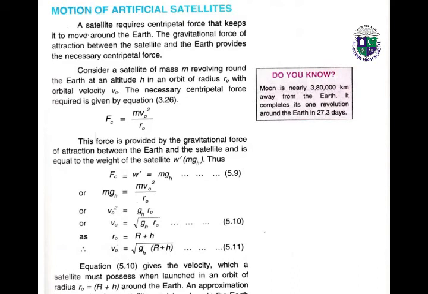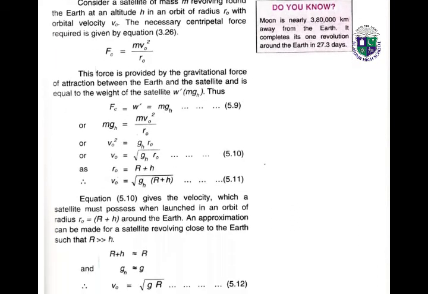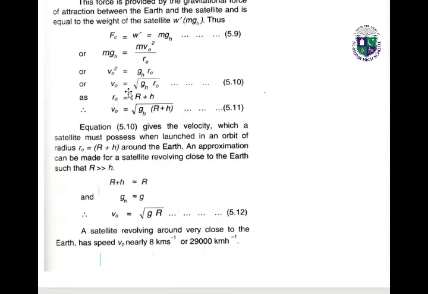This equation 5.10 gives the velocity which a satellite must possess when launched in an orbit of radius r0, and radius r0 is equal to R plus h, radius plus height around the earth. So a satellite revolving very close to the earth has speed v0 nearly 8 kilometers per second or 29,000 kilometers per hour.